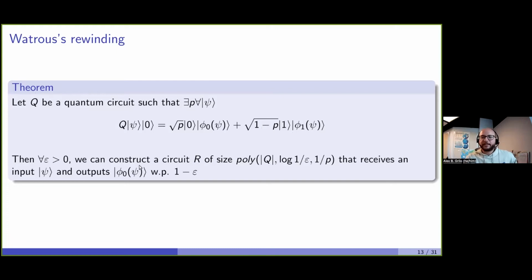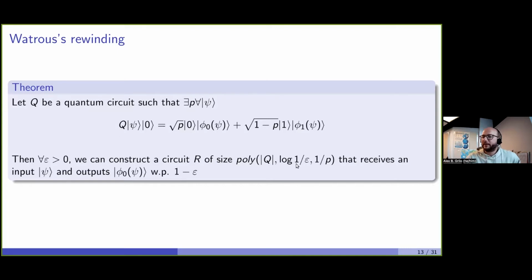And what Watrous showed is that if this is true for every psi, then we can construct a circuit R that's not much bigger than Q, such that on input psi, it selects the state phi 0. If you would simply measure the first qubit, you have phi 0 with probability p and phi 1 with probability 1 minus p.